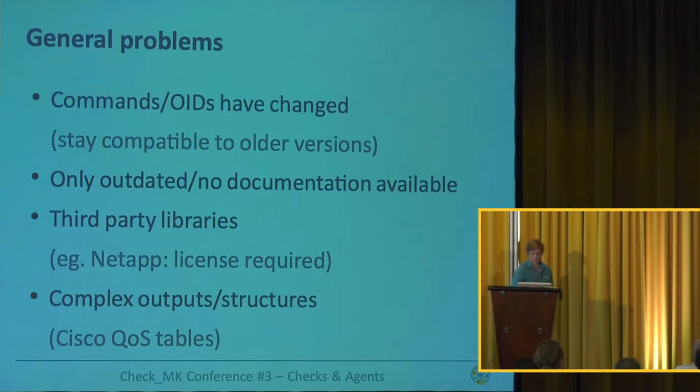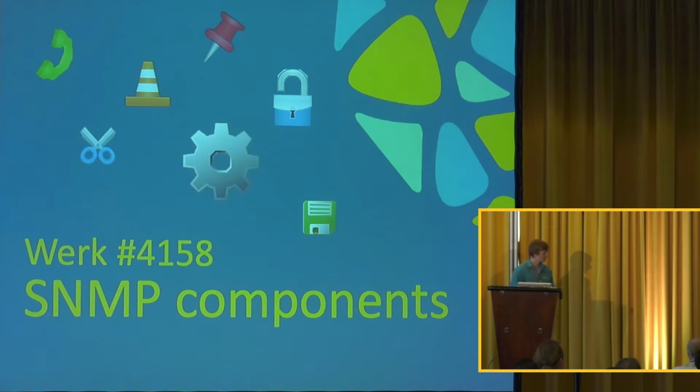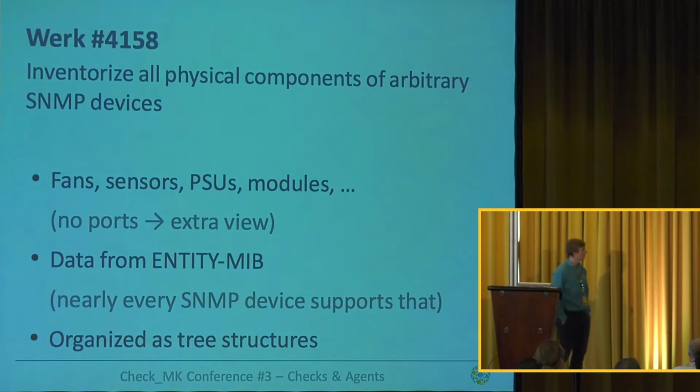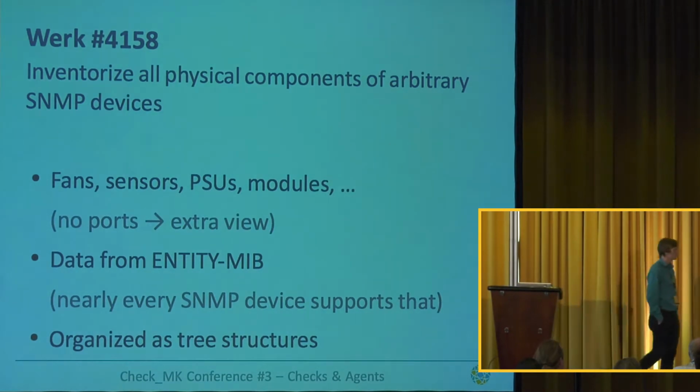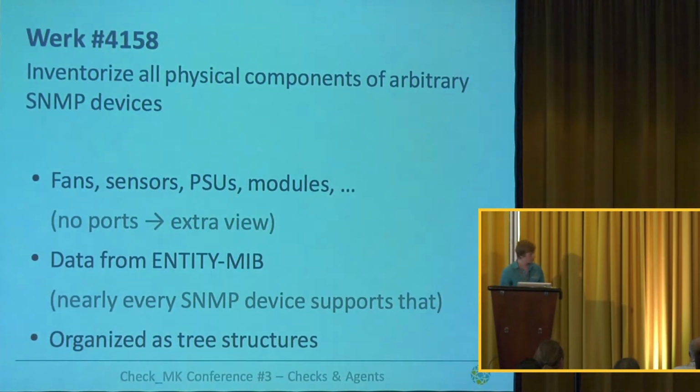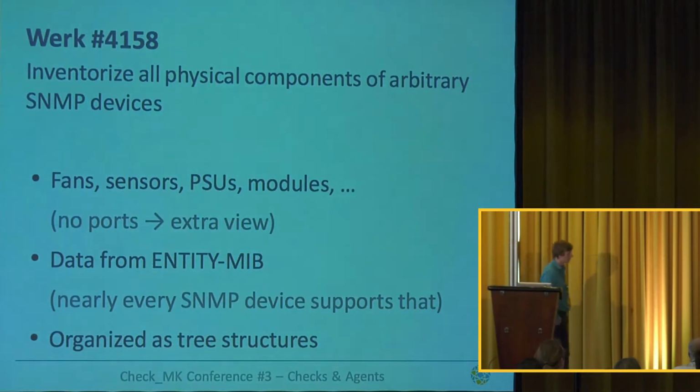So then the last point, I would like to give you an example. I tried to make it so that you can really understand it. So we have an SNMP component. That's Werk 4158, so you can read that there. The task was to really have all physical components from all SNMP devices. That means putting them into the hardware-software inventory and implementing it there.